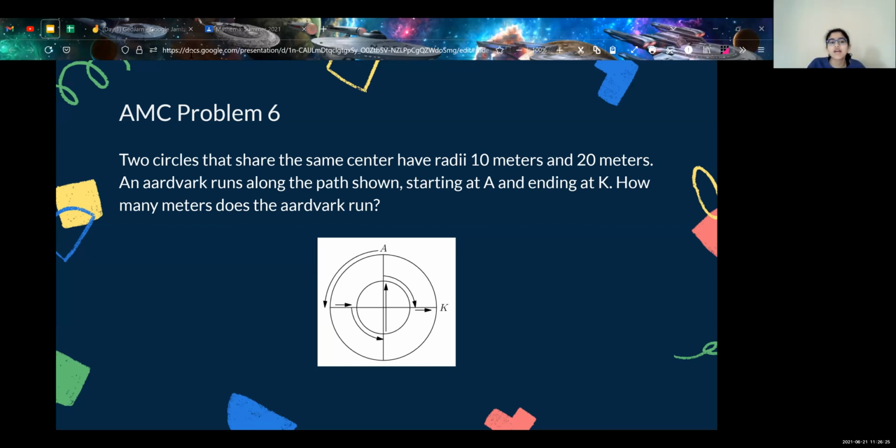I'm going to give you the homework for today so you have access to it immediately after class, rather than having to wait for me to post it in the Google Classroom. Remember that this is just basically perimeter, but of parts of the circle.